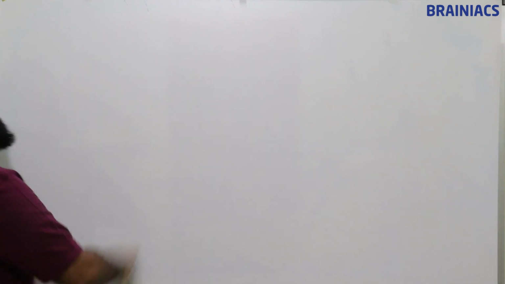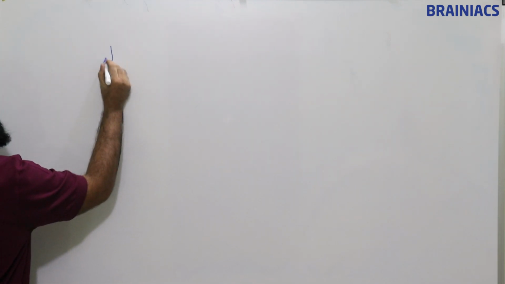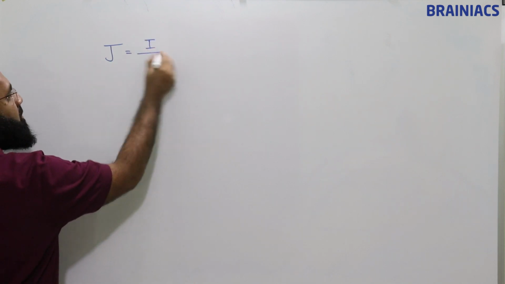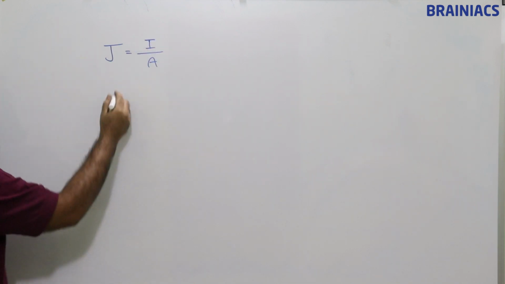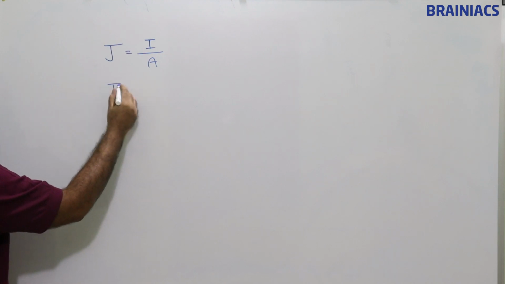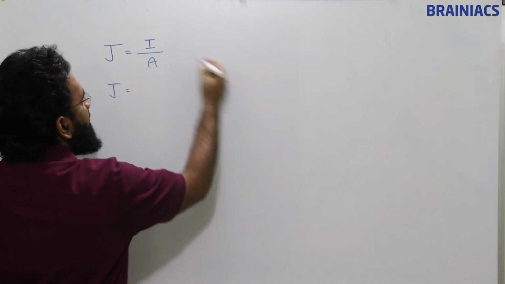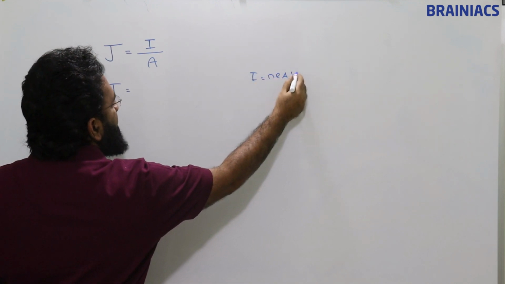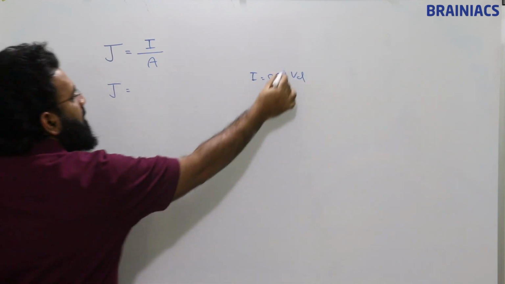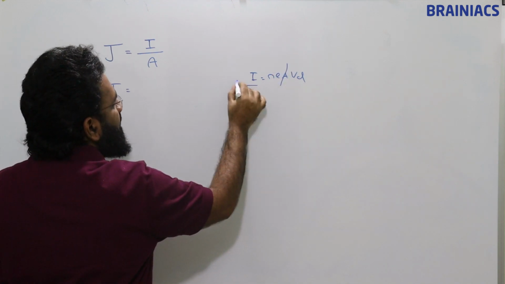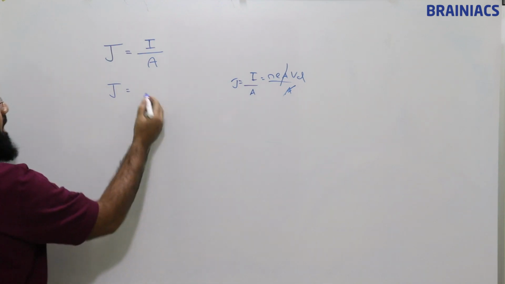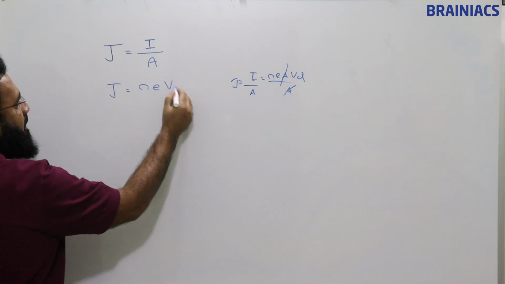So let me quickly revise the formulas. Current density J is equal to I by A. Then J is equal to, from I is equal to nEA v_d, this A will be cancelled off when we divide by A. So J is equal to ne v_d.